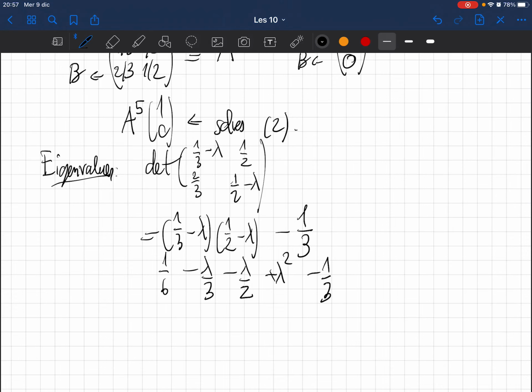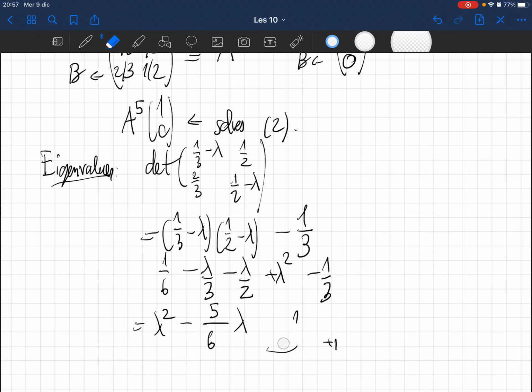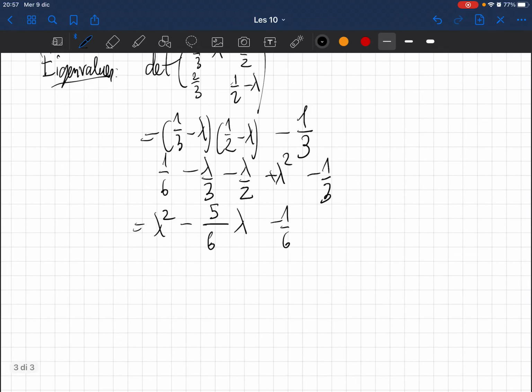Okay, so it's lambda squared minus 6... this is 2 plus 3, so this is 5, minus 1/3 plus 1/6. Hopefully it's correct.